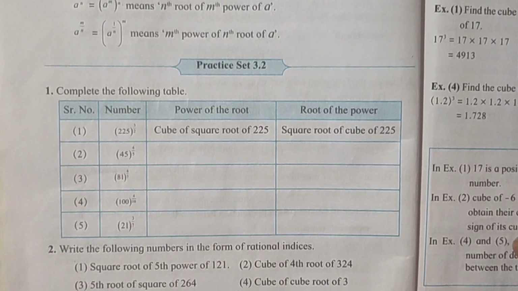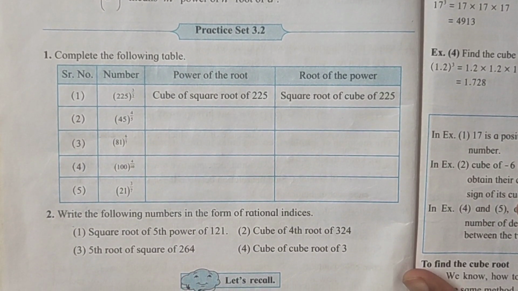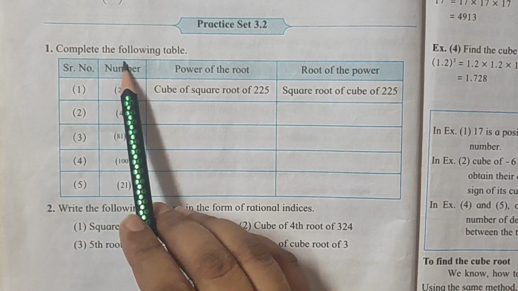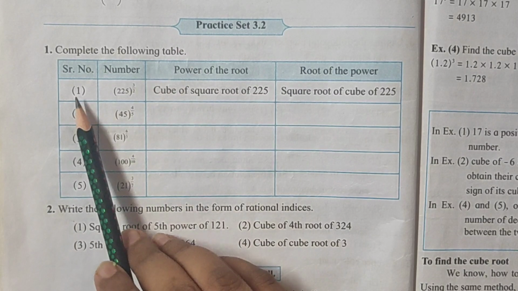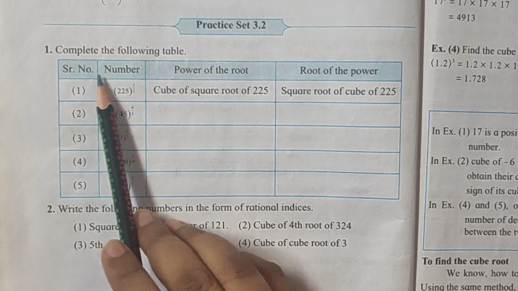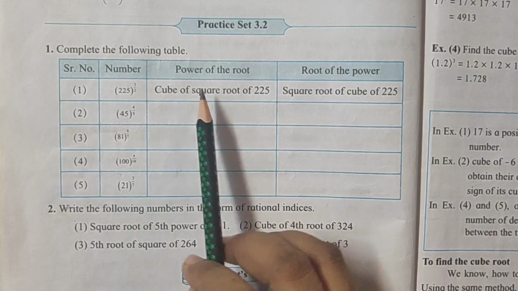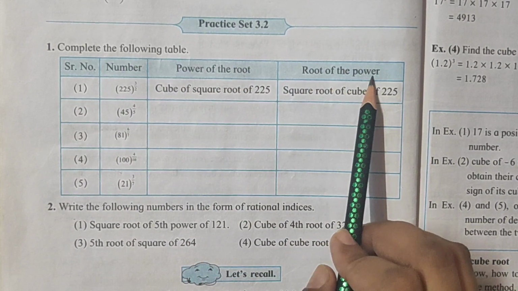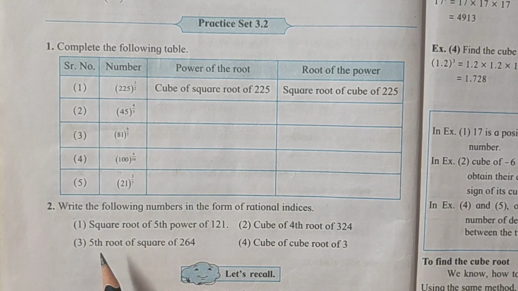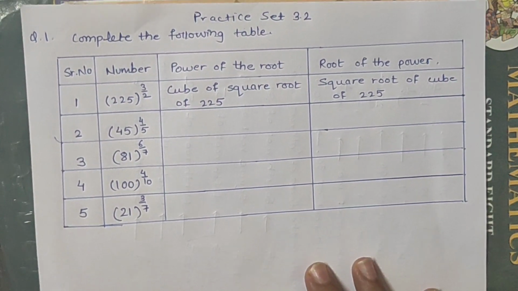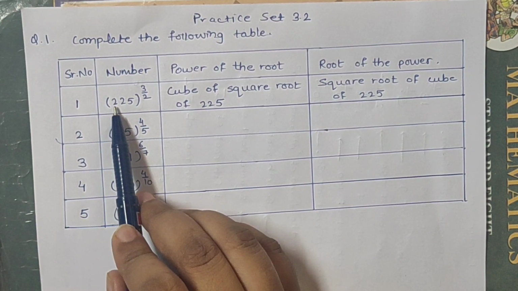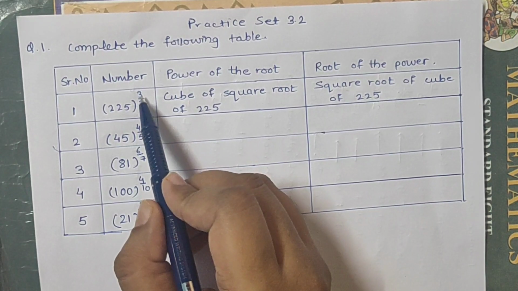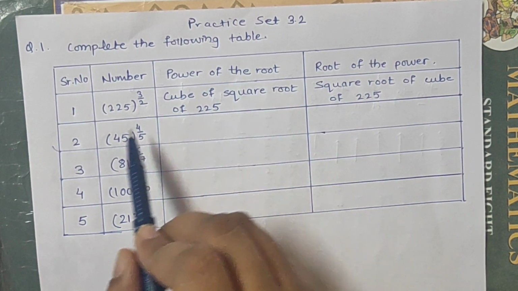Now we are going to see practice set 3.2. Complete the following table. Here numbers are given to you. You have to write power of the root form and root of the power form. First is 225 raised to 3 upon 2, and power of the root form.